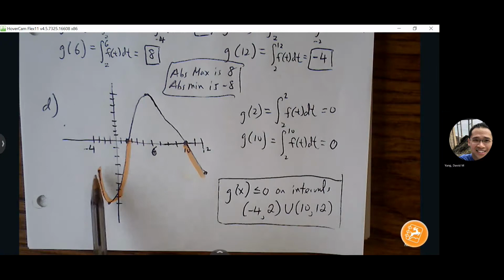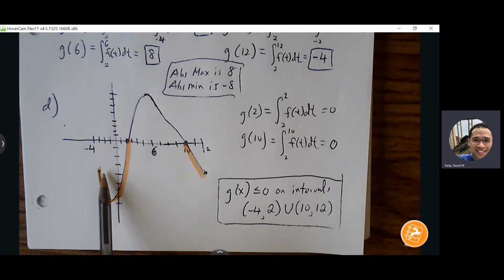Well, the endpoints, the graph hasn't started moving yet.